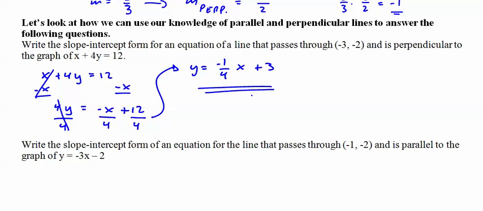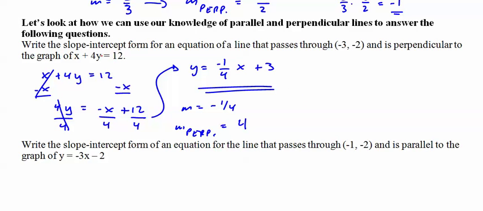So now I say let's write one that's perpendicular. So if the slope is -1/4, then the perpendicular slope, this is m perp, equals flip it, multiplied by -1, 4.